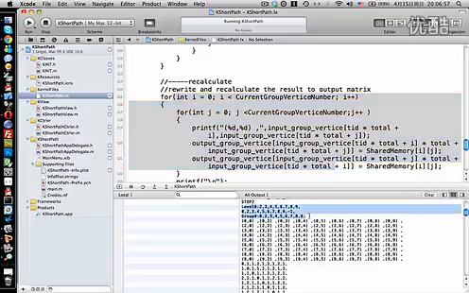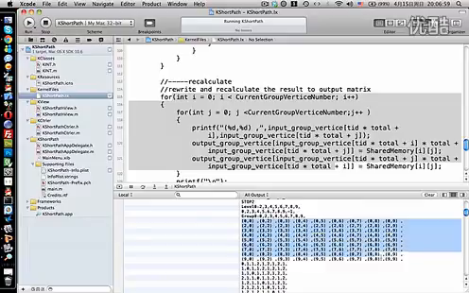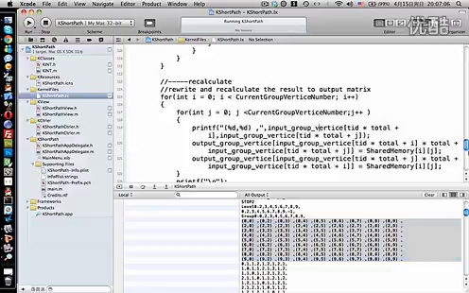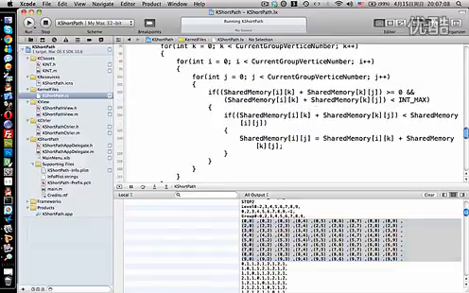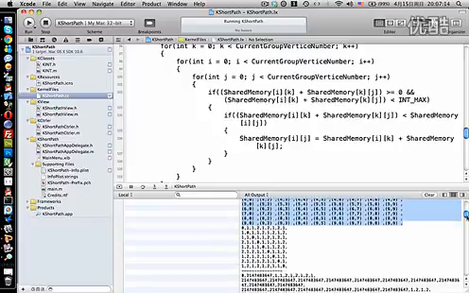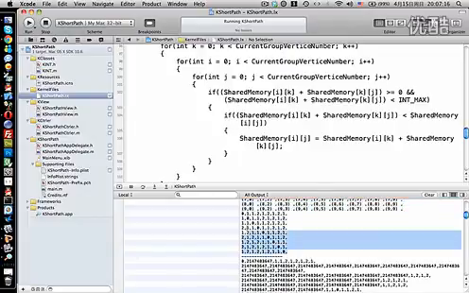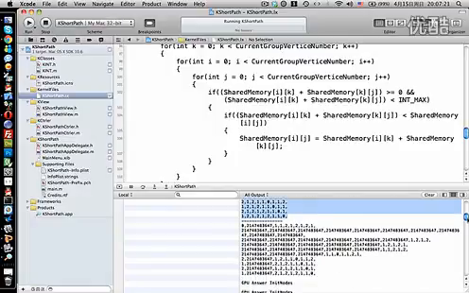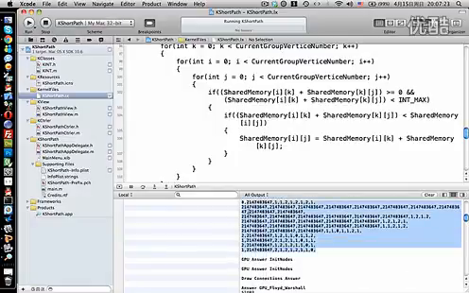First, this level I show, and this matrix is based on the vertex here. So this matrix is the new matrix I use GPU to create. After that, I load each of the values into here, and then I use this algorithm, the Floyd algorithm, to recalculate this value here.